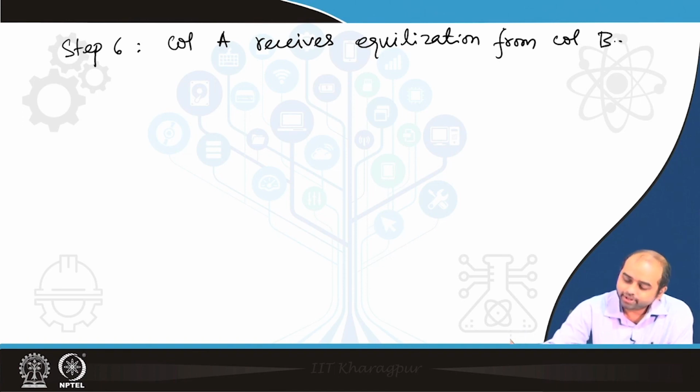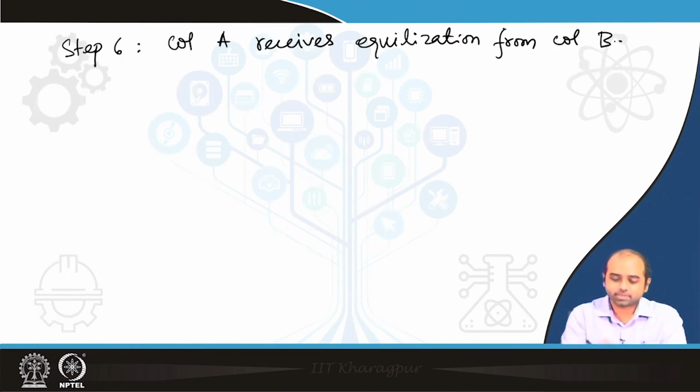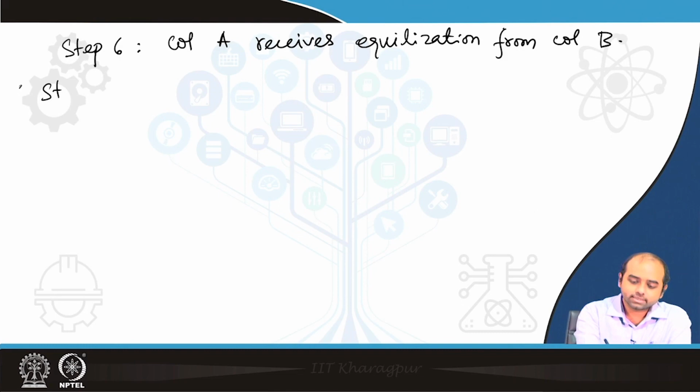So, as you can see, the first 3 steps are just repeated for column B, and overall these 6 steps complete one cycle of the pressure swing adsorption.